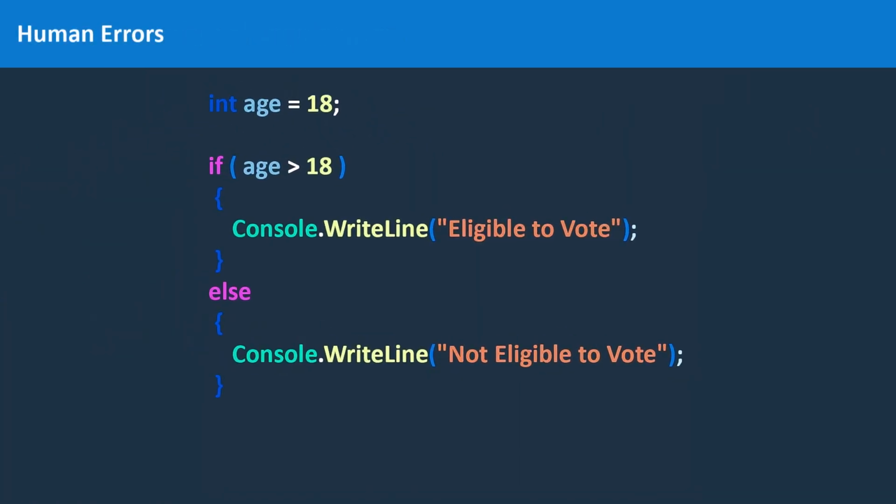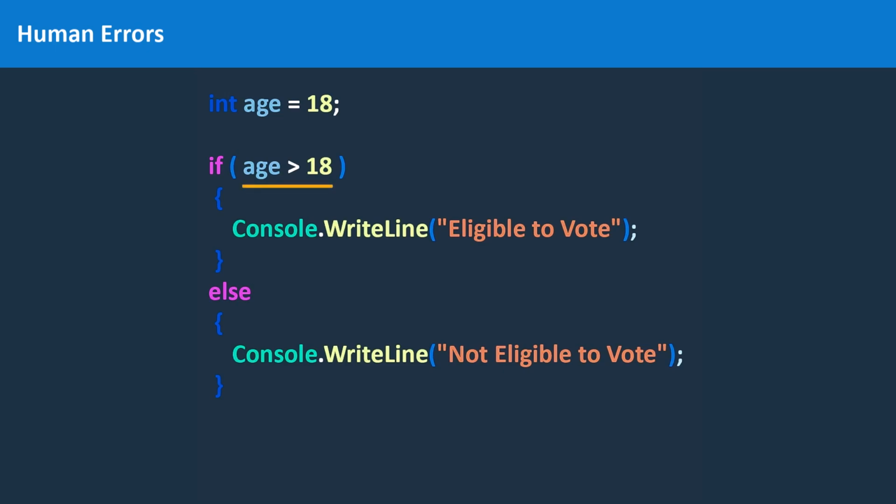Okay, developers, like anyone else, can make mistakes. For example, let's consider a developer working on a program that checks if someone is eligible to vote based on their age. In this case, a person must be 18 years or older to meet the voting eligibility.